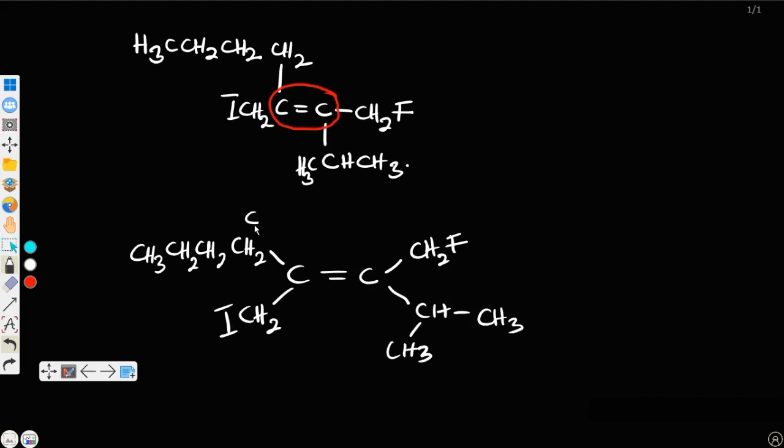This CH2 means carbon bonded to hydrogen, hydrogen, right? This one, the same thing, carbon bonded to hydrogen, hydrogen. And then the next atom that is bonded here is another carbon, which is carbon. This one, the next atom that is bonded here is iodine. Now since this carbon and this carbon are the same, you can't use this group to note the priority.